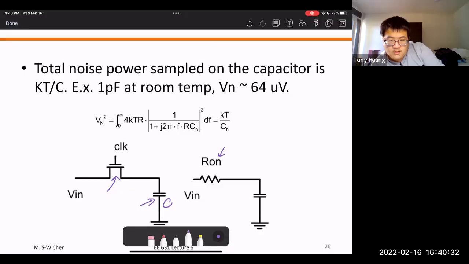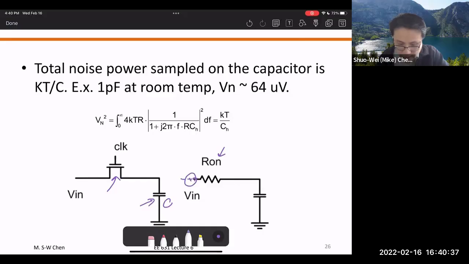The noise source is R. This R has 4kTR noise density, per hertz. Then you just find the transfer function.